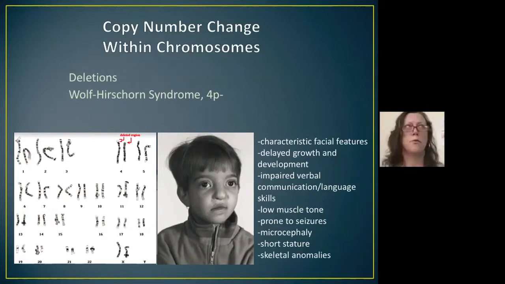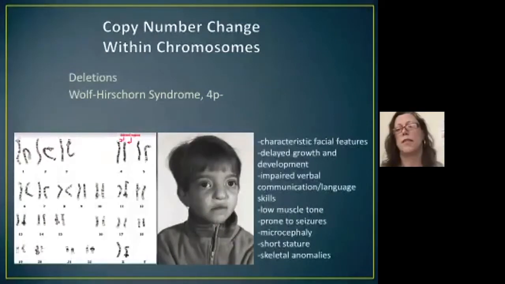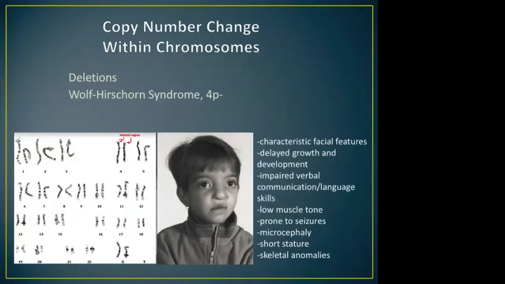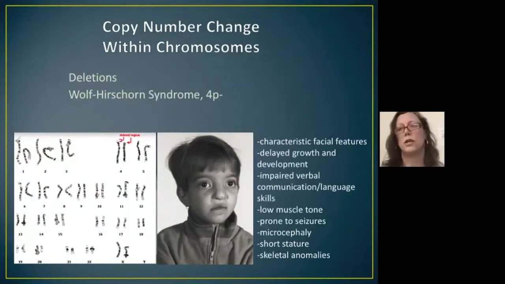That said, this particular abnormality is not the only abnormality of chromosomes that could result in symptoms that could be classified as autism spectrum phenotype. This is just one of them. Some kids don't have chromosomal changes that we can see.